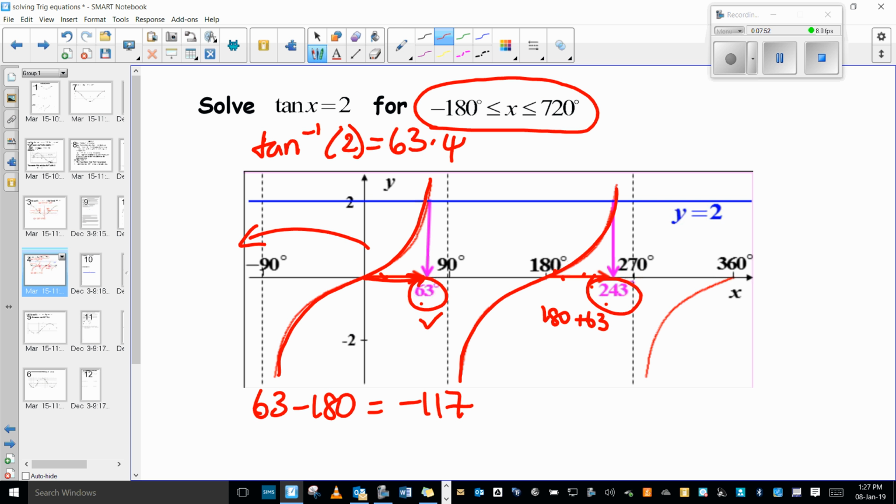If you were to go that way. Because just now, up here, our range is between negative 180 and 720. So we have to give all of the solutions in that range. So that's within that range. If we took away 180 again, we'd go past that, yes? That's an obvious one. If we add 180 to this, are we still within our range?